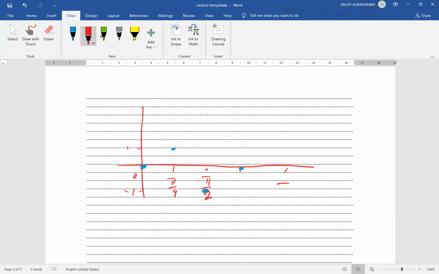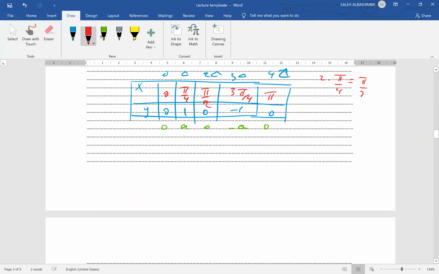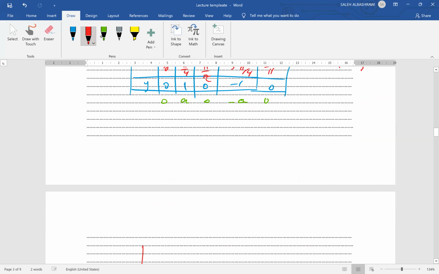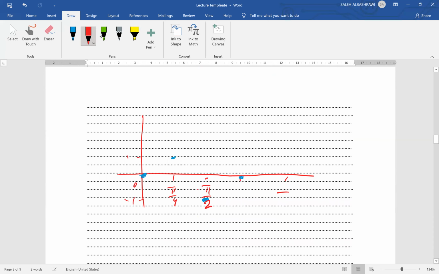This is pi over 2, yes, correct. Go back to see. Yes, 3 pi over 4. This is 3 pi over 4, and it is 1 pi. So this is the correct point. And the point will be 0. I said it was negative. This is 0, 0, 1. Then 0, we have minus 1 and 0.